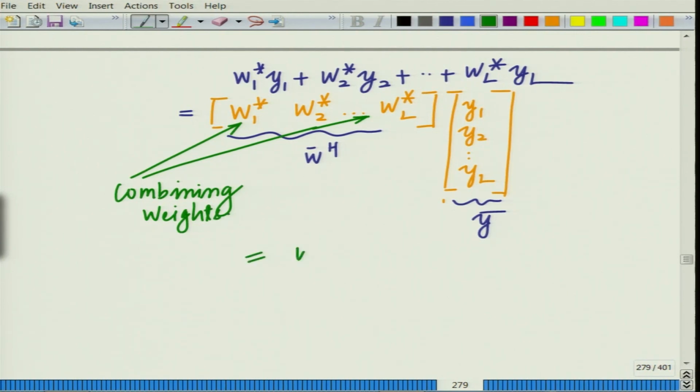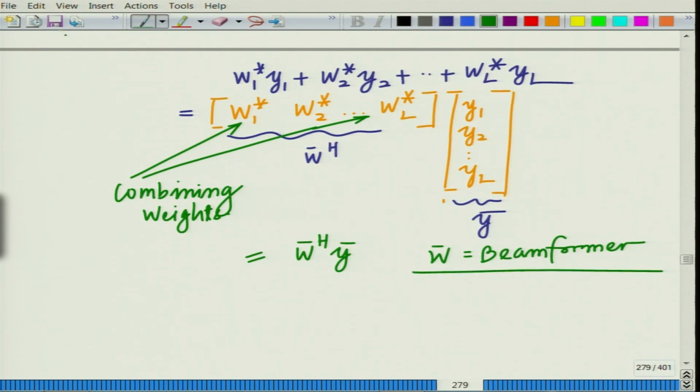And therefore, I can write this as W bar Hermitian Y bar, where W bar is the beam former that we seek. Okay. So, W bar Hermitian Y bar, this is the beam forming process, right.